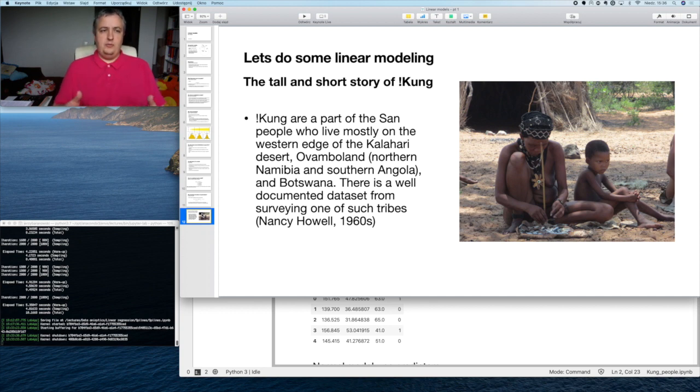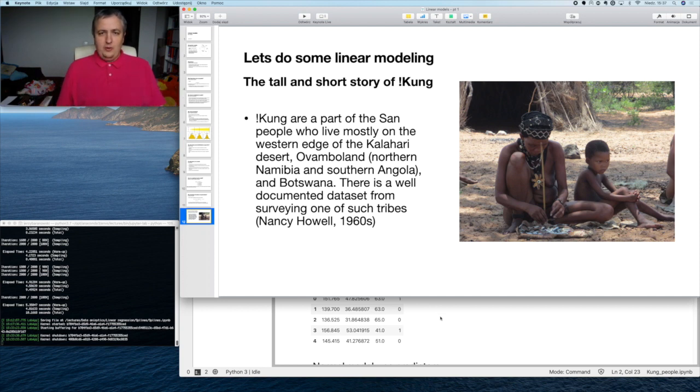Its population from the 60s was measured and investigated by Nancy Howell, and this dataset we will be using today. This dataset comes from the rethinking package, which is part of the Statistical Rethinking book by Richard McElreath, and we'll be using the dataset from this book.